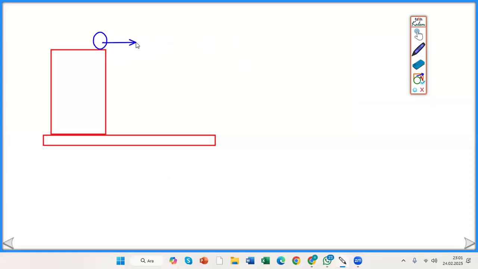It is thrown horizontally means that the initial velocity is parallel to the ground, and its direction is on a horizontal line.